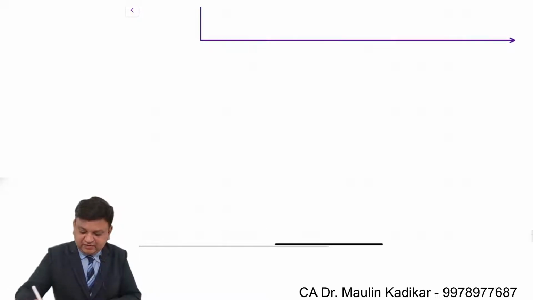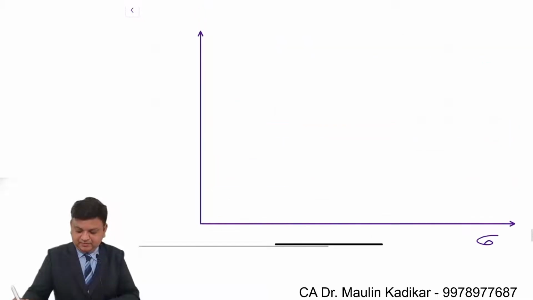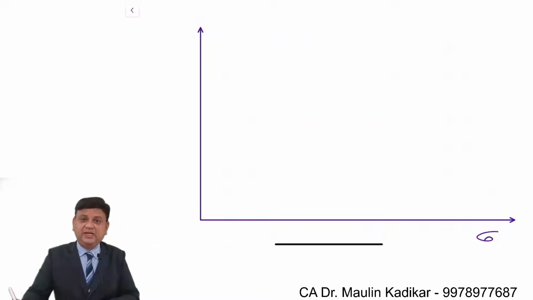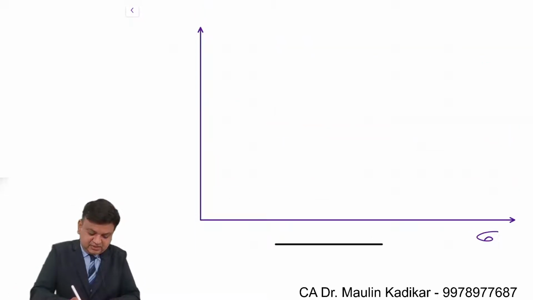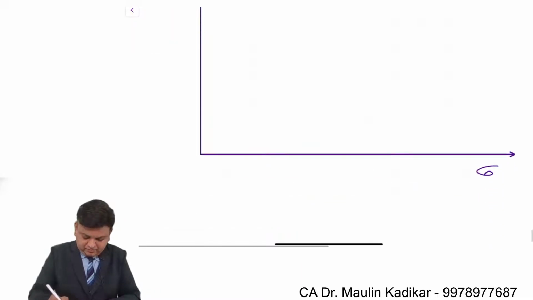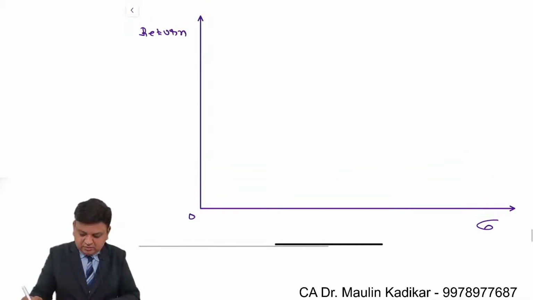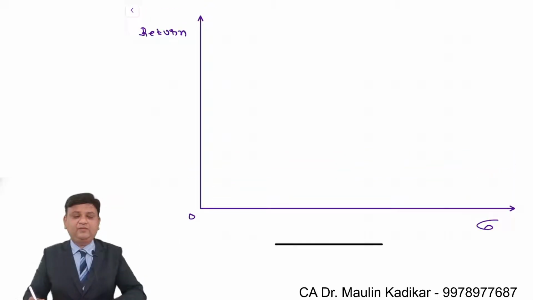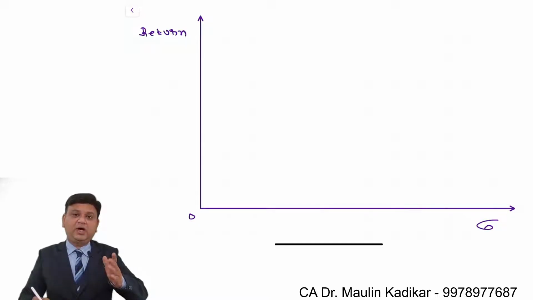On x-axis, we will always take the independent factor, that is standard deviation, and on y-axis, we will take the dependent factor, that is return. This is 0. Now over here, we are required to plot the risk and return of the above 4 portfolios that we have calculated.